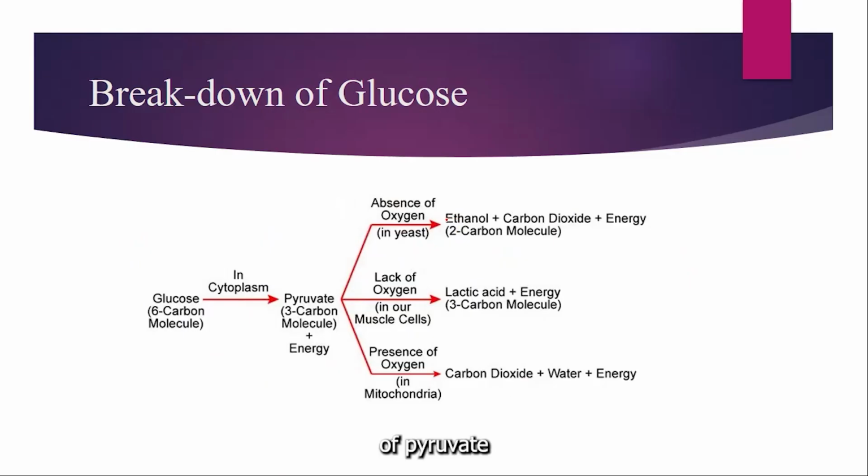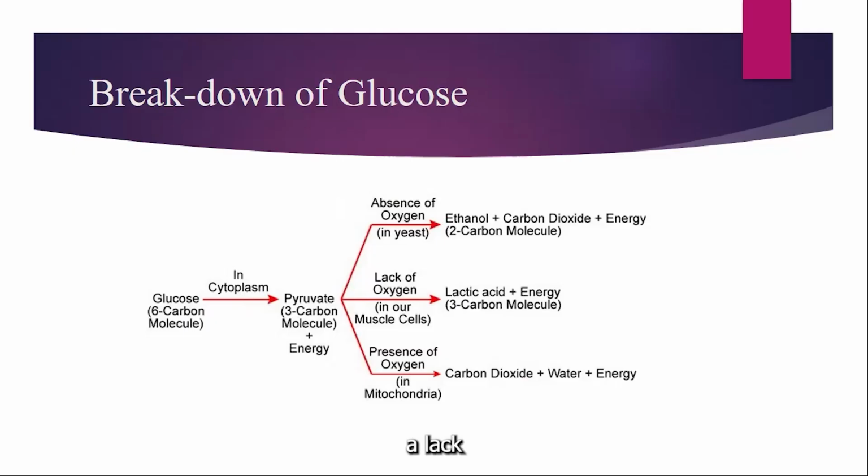Breakdown of pyruvate using oxygen takes place in mitochondria. Aerobic respiration breaks up the 3-carbon pyruvate molecule to give 3 molecules of carbon dioxide, and the other product is water. The release of energy in the aerobic process is a lot greater than in the anaerobic process.